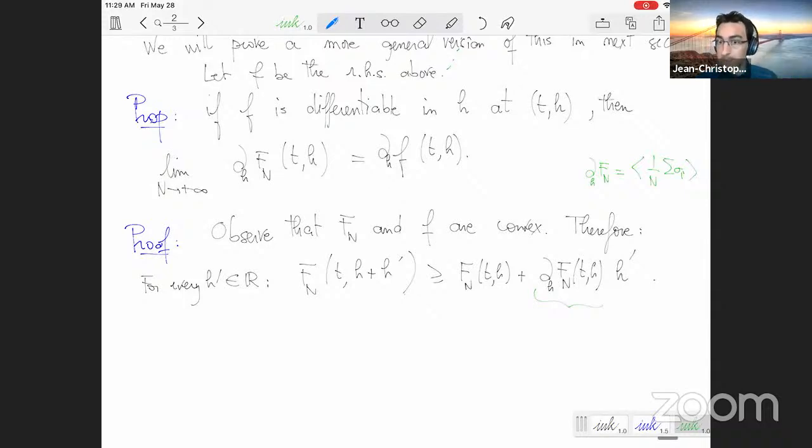Let's call it P. It converges to P along a subsequence. In order to conclude, I want to say that P is the derivative of F.